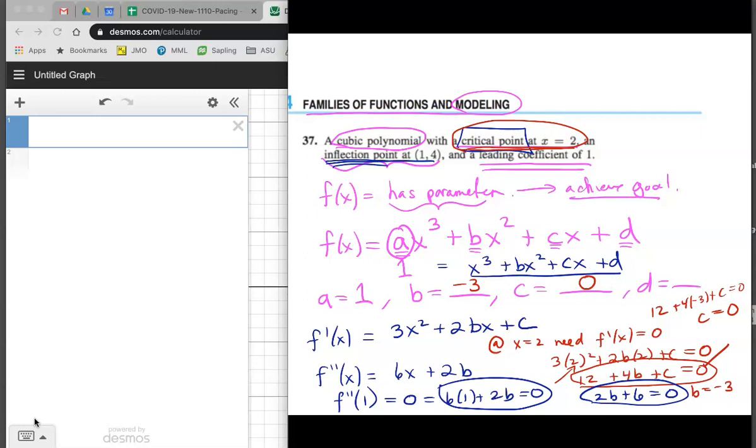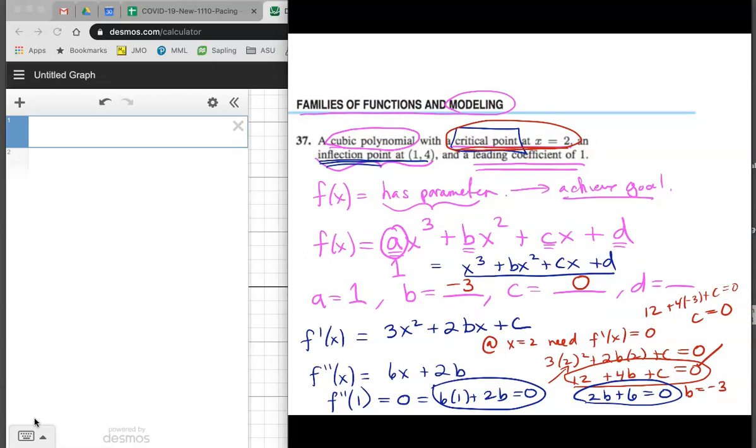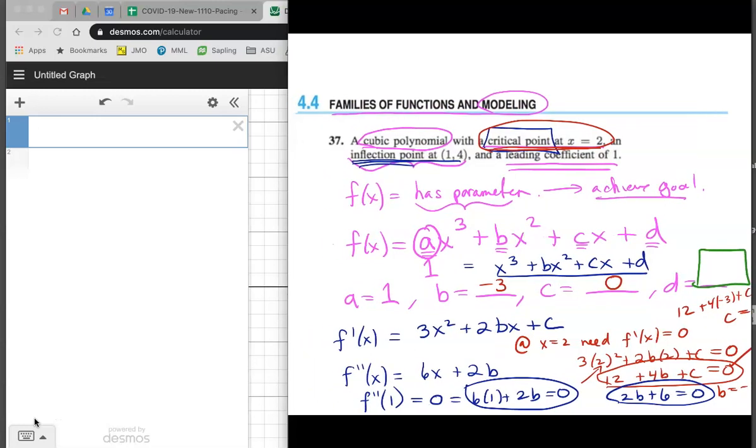Now we have accomplished quite a bit. The only thing we don't know is the value of d. We've used the critical point at 2, the inflection point at 1, and the leading coefficient of 1.